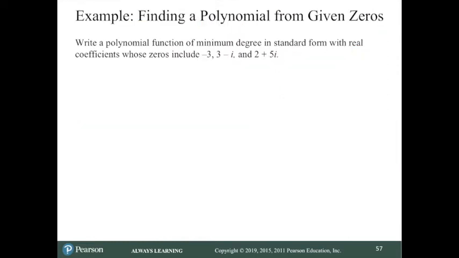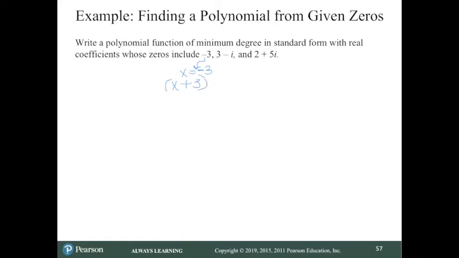Find the polynomial from the given zeros. Now we did one very similar to this last class where we took our zeros and we turned them into the factored form. And then we took that factored form and we turned it into a polynomial in standard form. Okay, so we're going to start with the -3. That means x equals -3, which gives us x plus 3 equals 0.